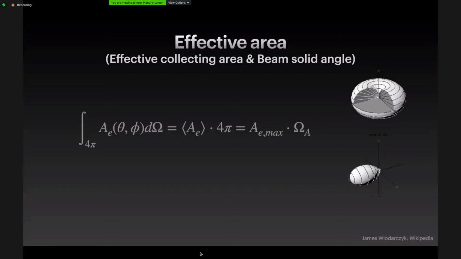We can also define the maximum effective area, and if we divide that by the average times 4 pi, you get something called the beam solid angle. That's another quantity that characterizes a telescope, where it gives an idea of how well the effective area is localized.